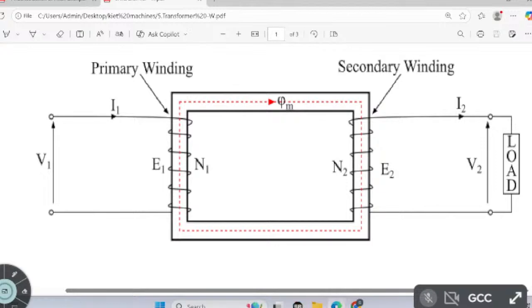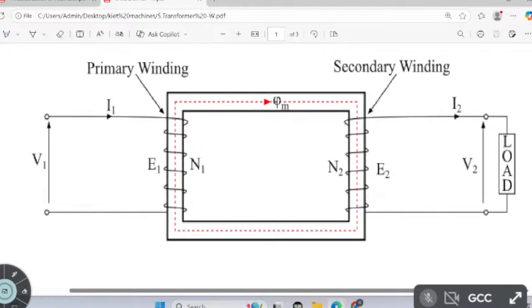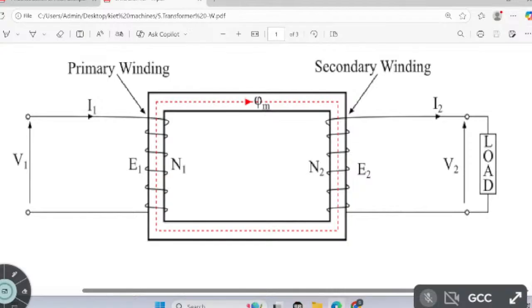With respect to construction, there are only two parts for the transformer. One is the iron core, cast iron core. On this iron core we will wound the winding.